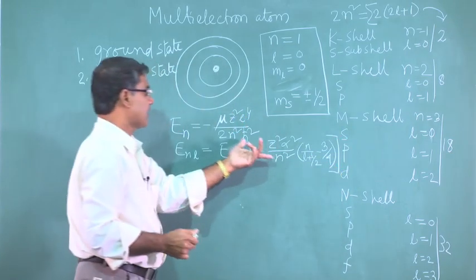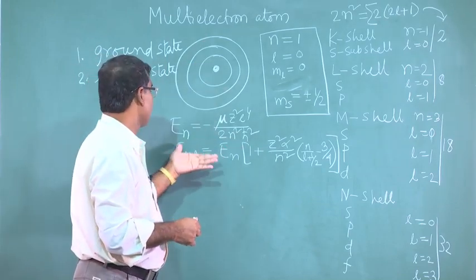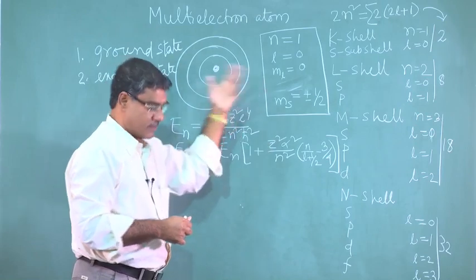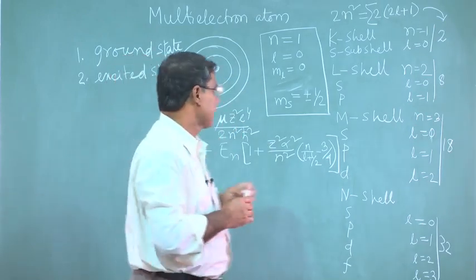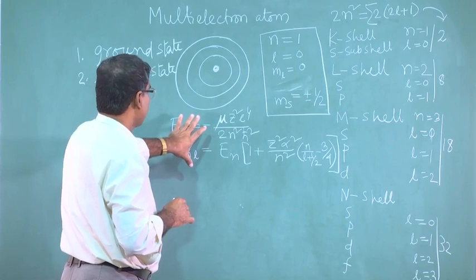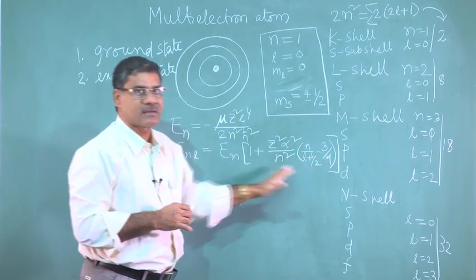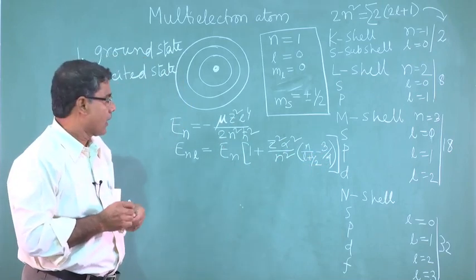So this is the energy, and from here you can tell the energy of different orbitals. This is what I want to emphasize here. This we have found for a single electron system.